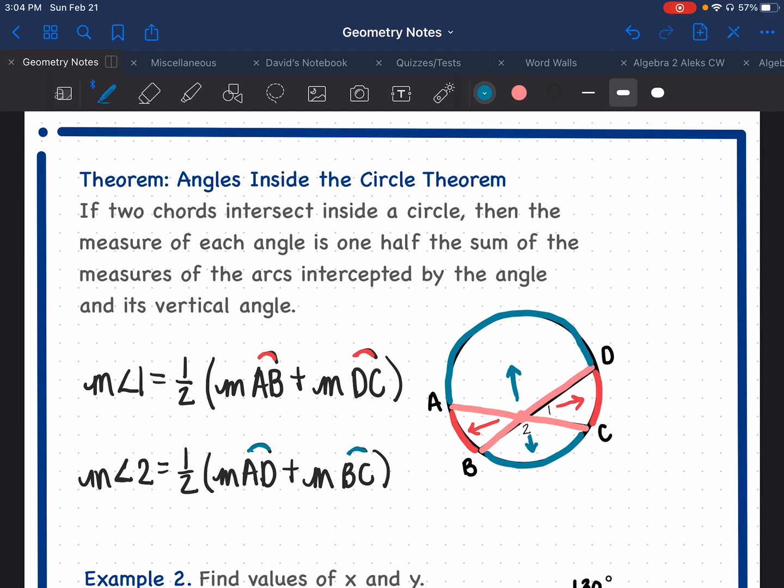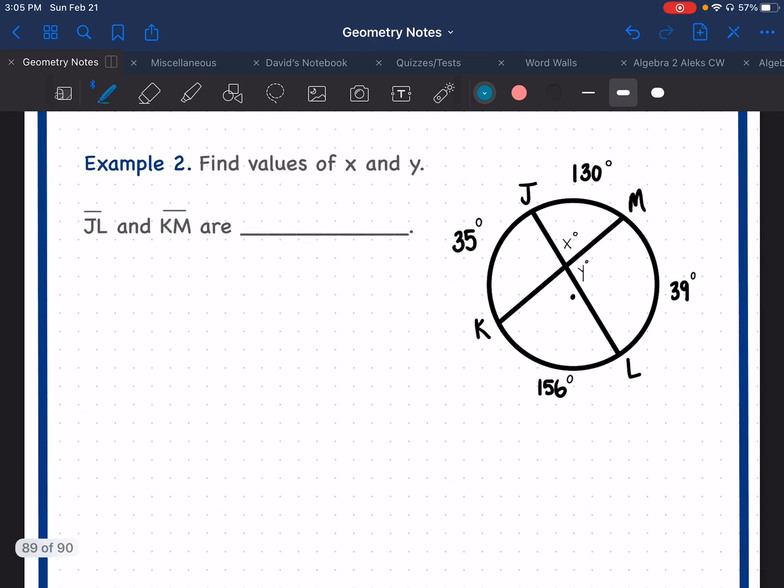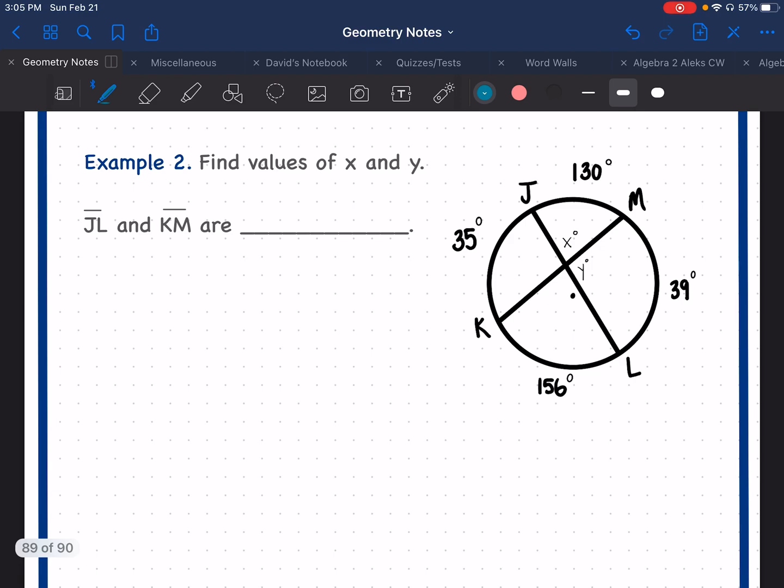Let's take a look at what this would look like in a problem. Find the values of x and y. JL and KM are chords. So this is exactly the theorem that we just saw.